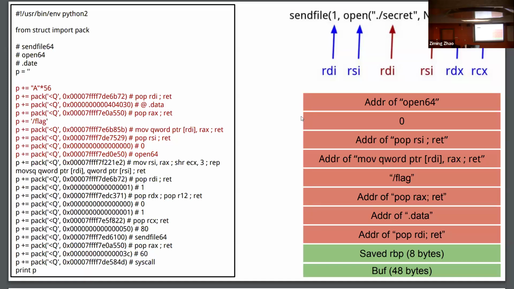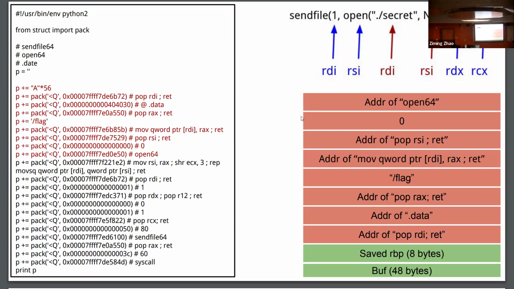So what I'm doing here is I'm trying to put the string flag into the .data section. I'm using a very complicated gadget like this: move RAX to where RDI points to.